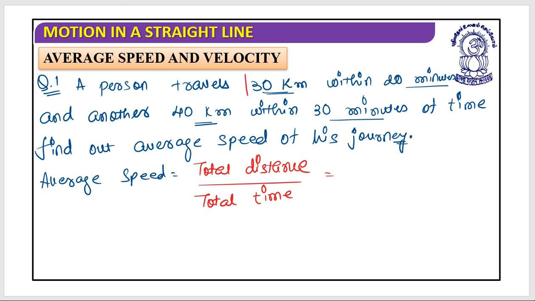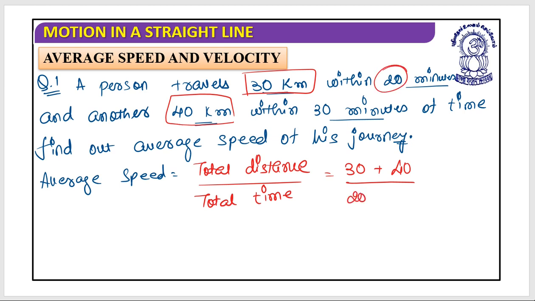Total distance traveled is 30 kilometer plus 40 kilometer, divided by total time taken. First he has taken 20 minutes, another time it's 30 minutes, so this is 70 by 50, but this is kilometer per minute. If we need to convert this to a more conventional unit, which is kilometer per hour.